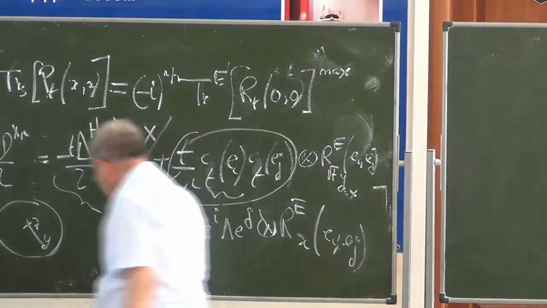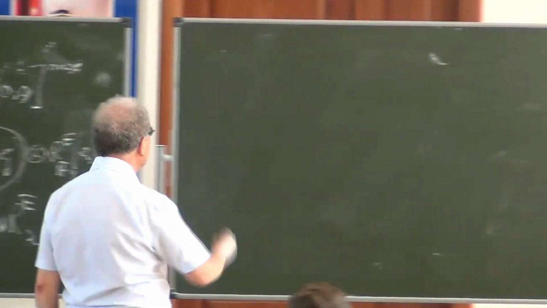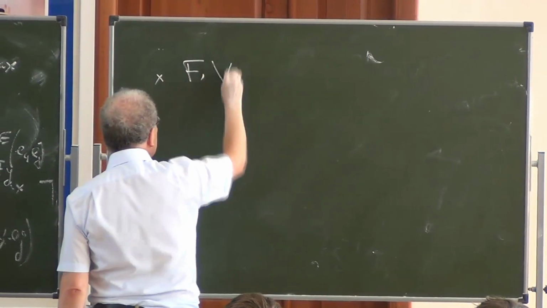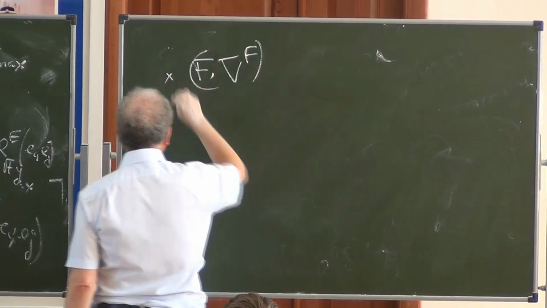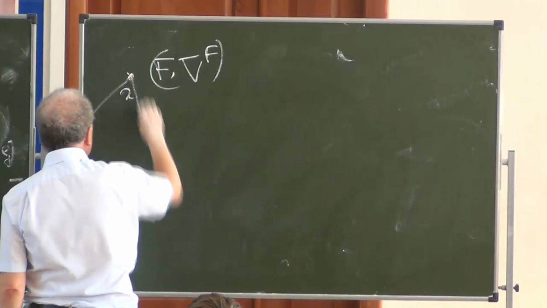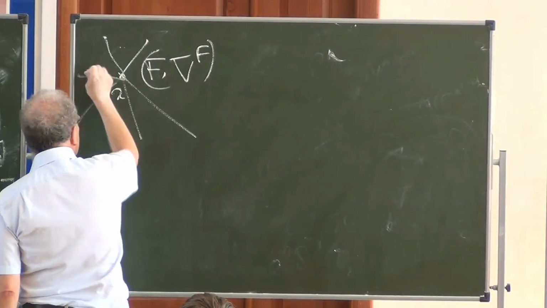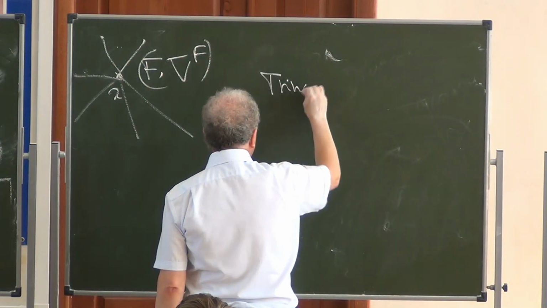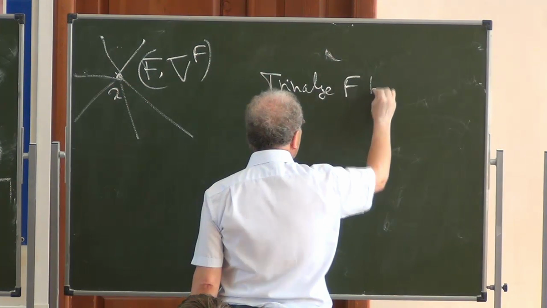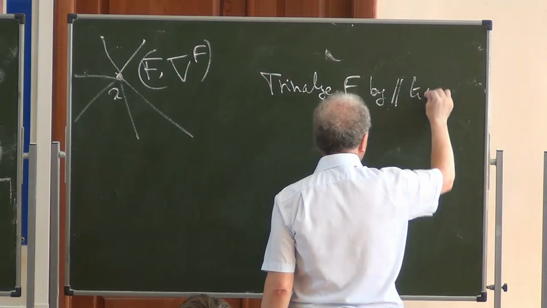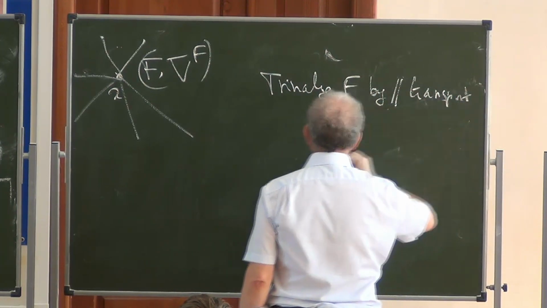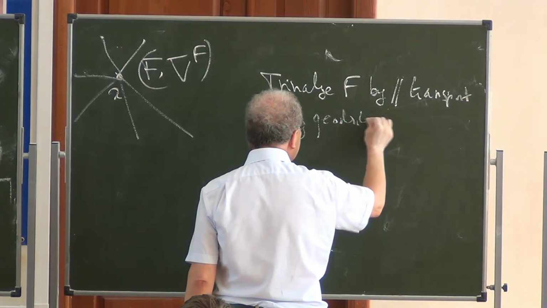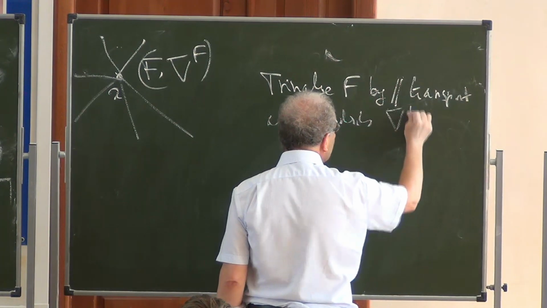Okay, so we're going to use the fact, elementary from the point of view of differential geometry, that if you have a vector bundle with connection, nabla f, and if you trivialize the vector bundle by parallel transport, let's say along geodesics, but they could be actually along any radial lines, it doesn't matter, using the connection nabla f.